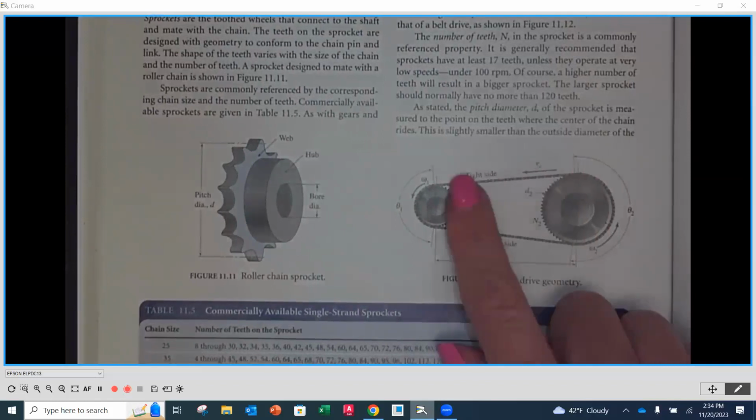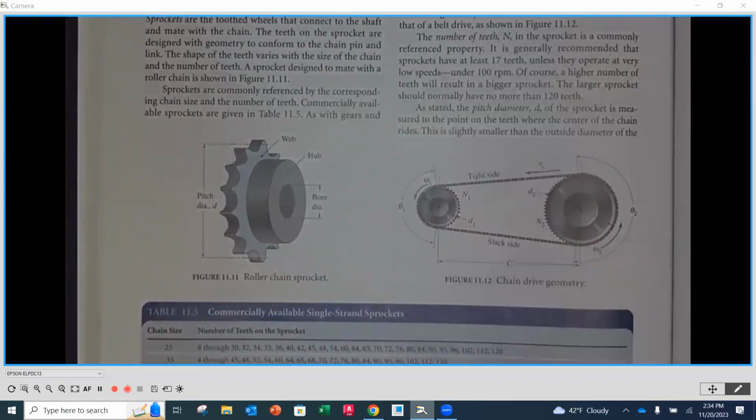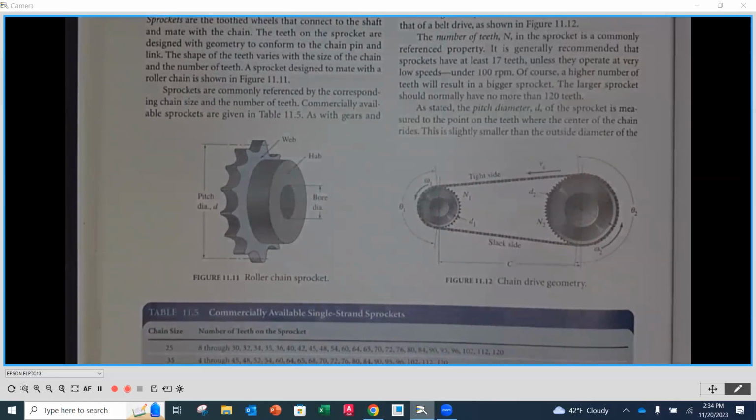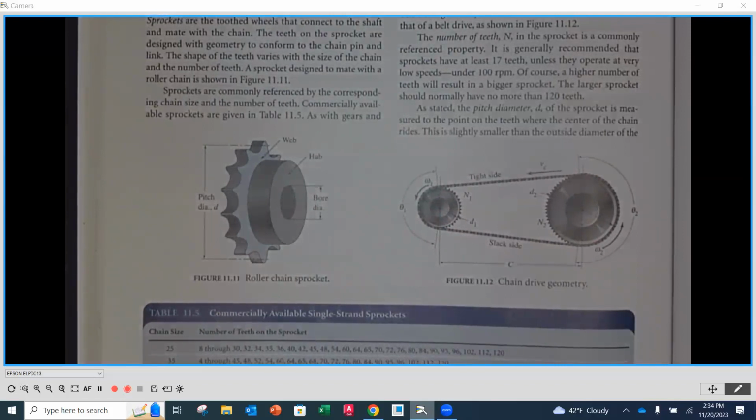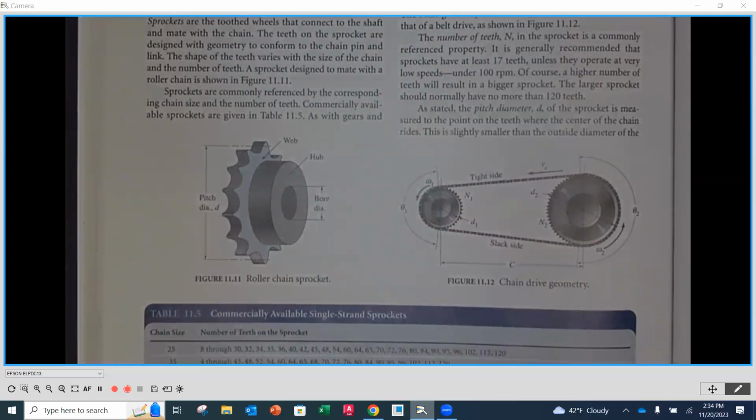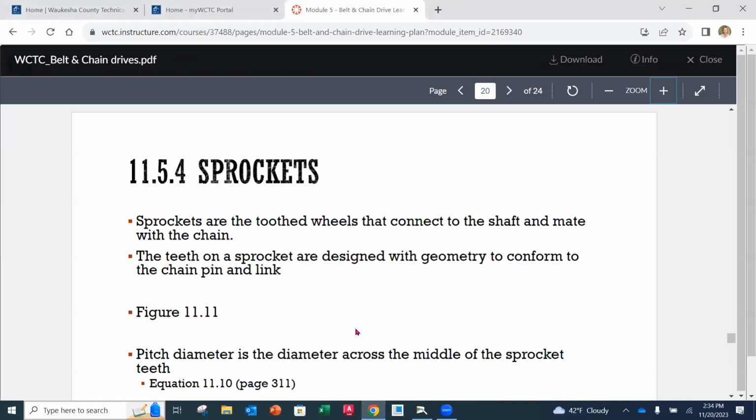We want that tight side on the top, and we keep the slack on the bottom so that gravity can help us. So that's the best arrangement. Does that mean you can't do it otherwise? Not that you can't, but this is the preferred arrangement that we work with, so try to make that happen in your design as you do your arrangements.